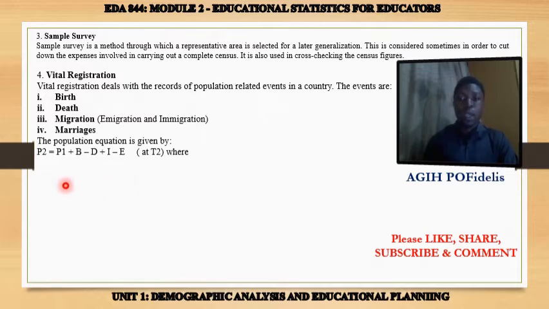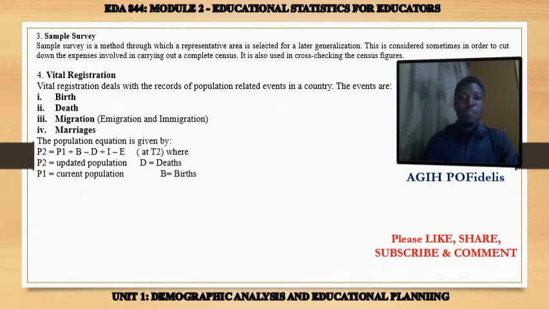What we are doing here is simply we add the births to the current population, subtract the number of people that died, add the number of people that migrated into the country, and then remove the number of people that migrated out of the country. That will give us the updated population.